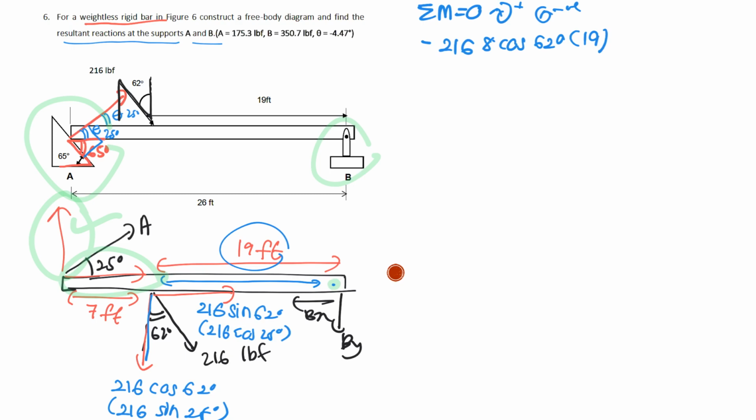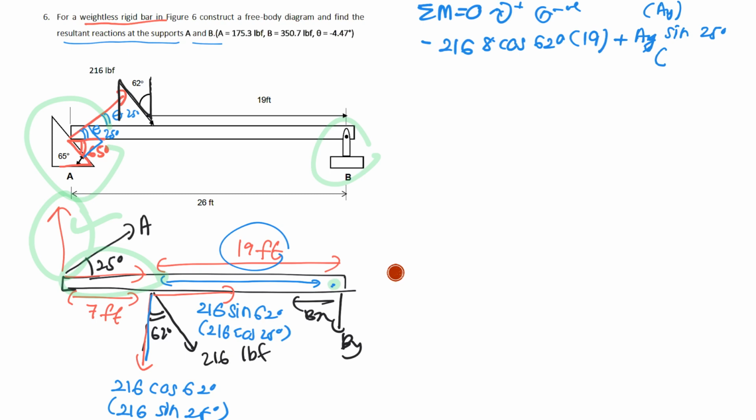Is it going to be clockwise or anti-clockwise? It's going to be clockwise. So plus AY, just put A sine 25 multiplied with the lever arm. The lever arm is 26, right?